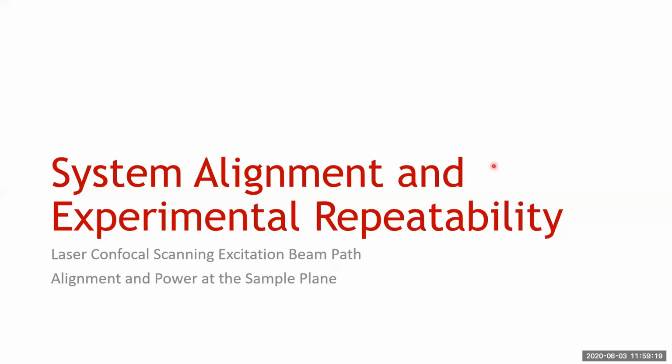So, system alignment and experimental repeatability. When you make your samples up in your lab, if you make it a point to use the same dilution of primary antibodies, you want to make sure that you think about repeatability on the microscope as well.